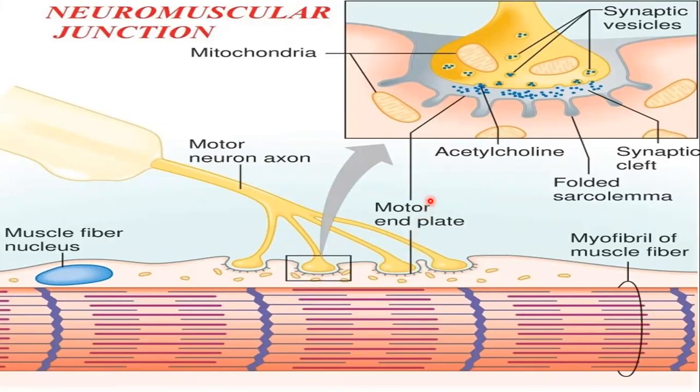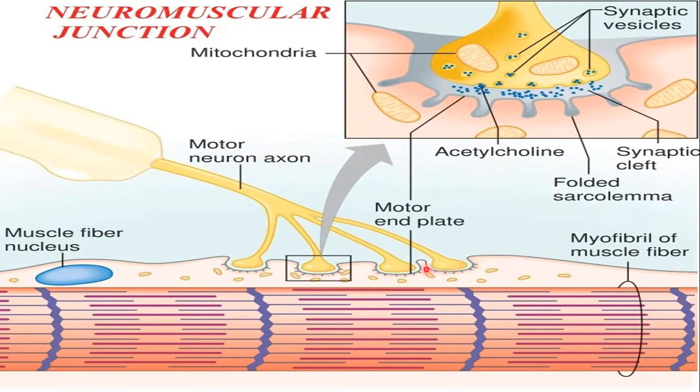Calcium causes fusion of the synaptic vesicles containing acetylcholine, which get fused with the membrane, and then acetylcholine is released into the synaptic cleft. Once released, acetylcholine binds with the acetylcholine receptors present on our motor end plate.